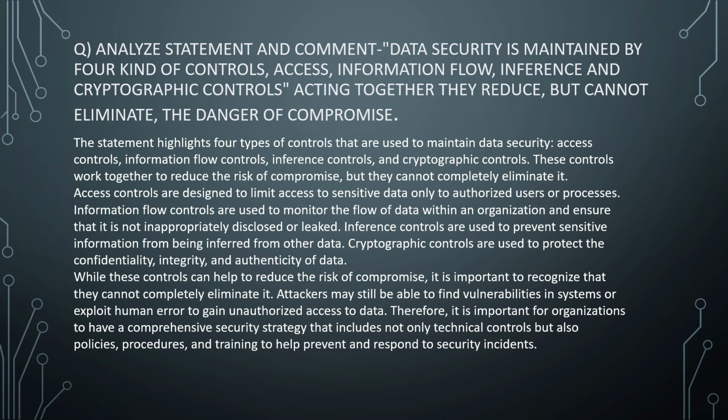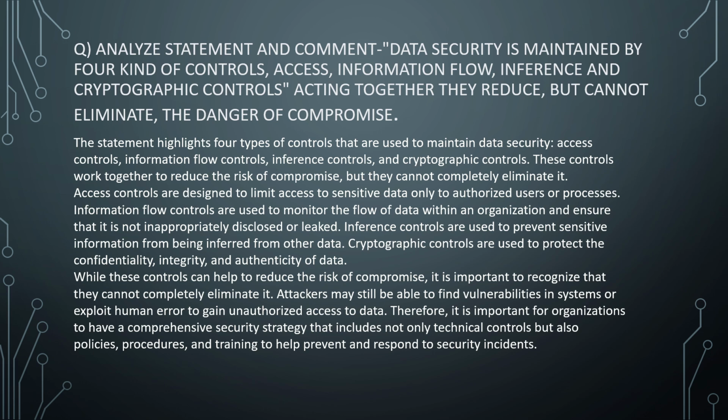highlights four types of controls that are used to maintain data security: access controls, information flow controls, inference controls, and cryptographic controls. These controls work together to reduce the risk of compromise, but they cannot completely eliminate it.